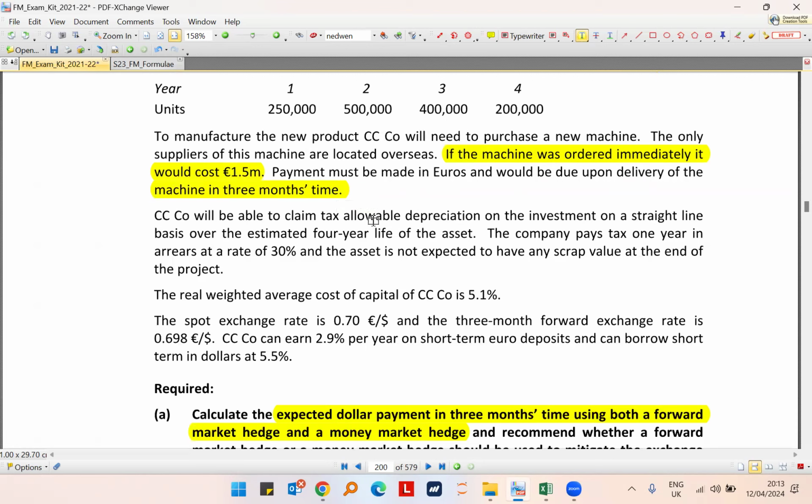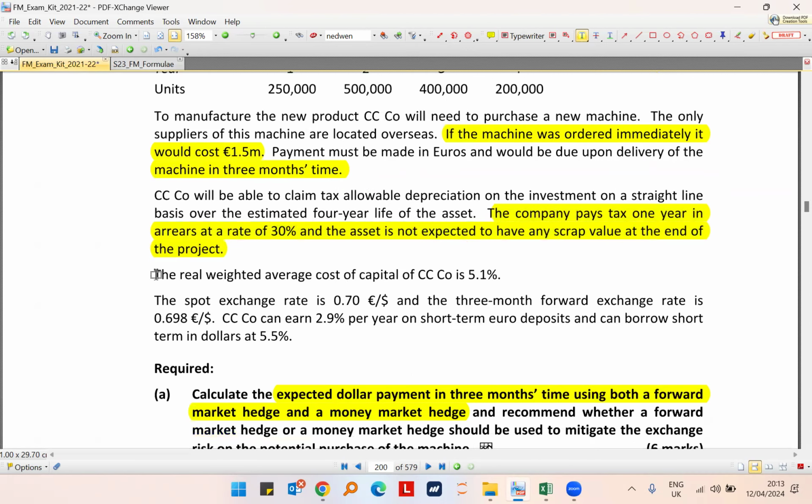We shall be able to claim tax deduction on investment on a straight line basis over the estimated 4-year life of the asset. We pay tax 1 year in arrears at 30%, and the asset is not expected to have any scrap value at the end of the project. Then we have the real weighted average cost of capital of 5.1%. You really need to understand the terms real and nominal.